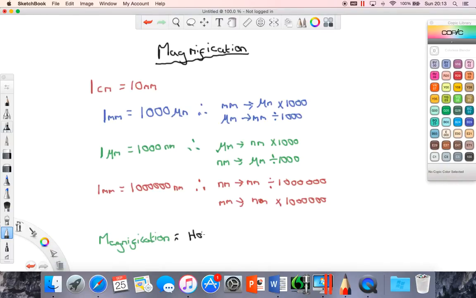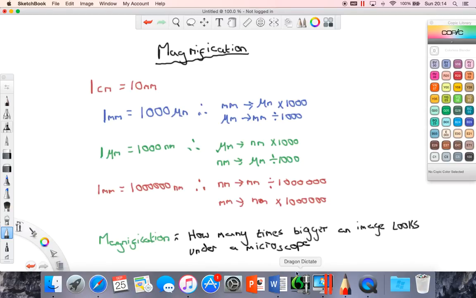You'll usually see magnification given as, say, times 100 or times 1000.